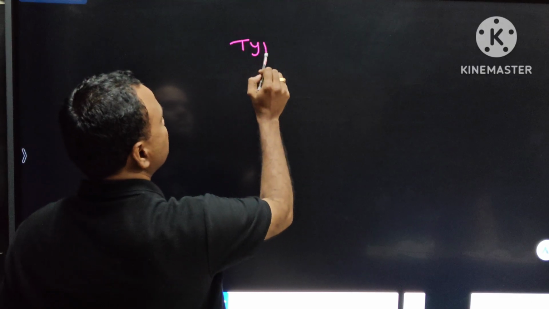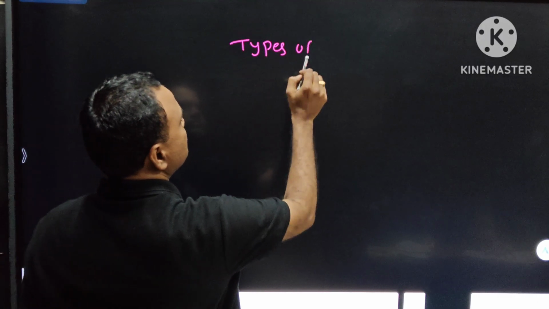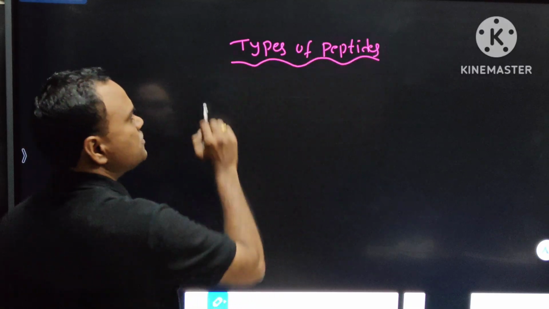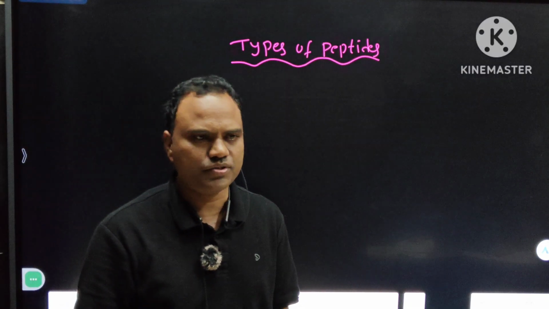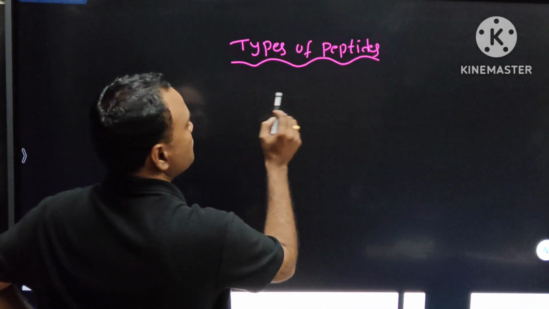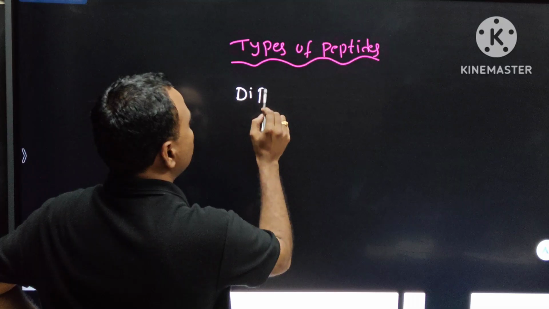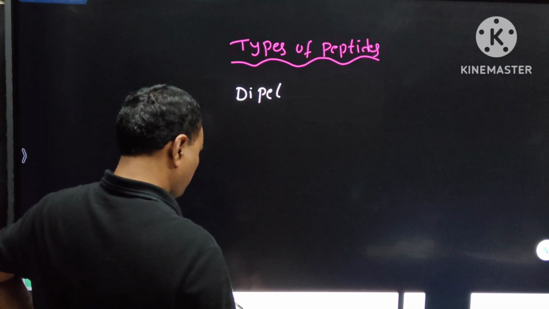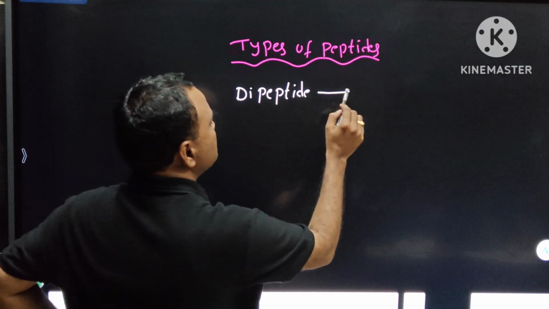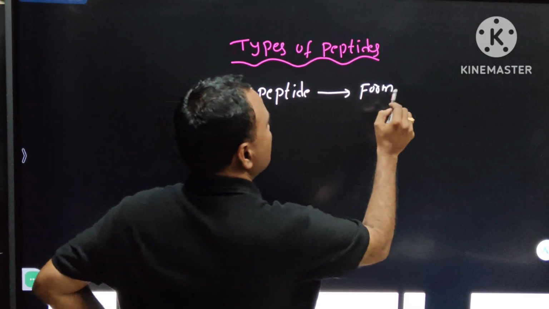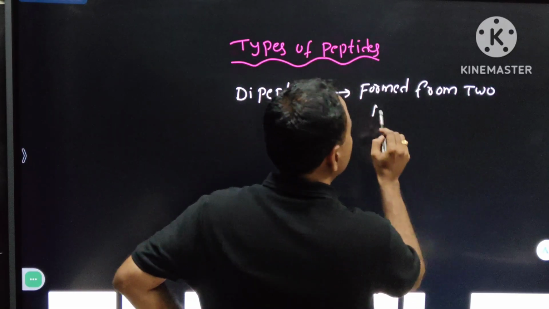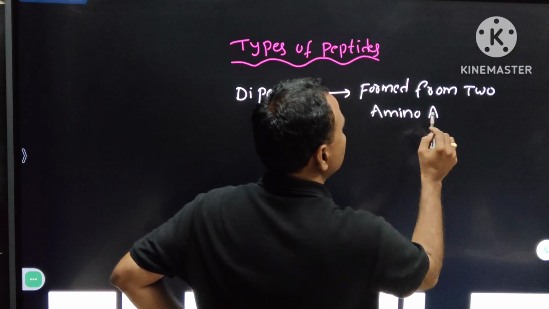Types of peptides. Peptides are the polymers of amino acids, right? A simple classification. Dipeptide, formed from 2 amino acids.